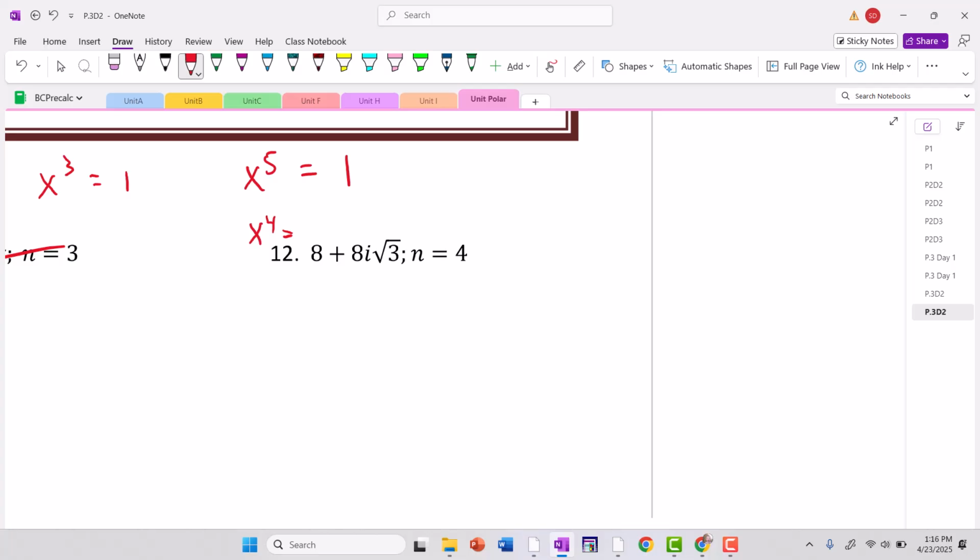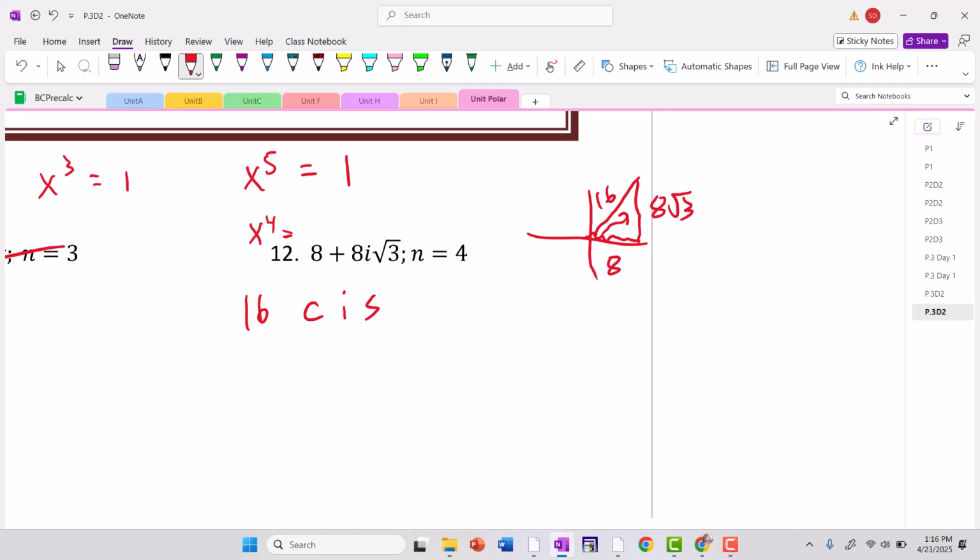So here's the first thing. I've got to draw this and turn this into a cis number. 8 root 3, 2 times 8, so I have 16 cis. And what's this angle measure? What's opposite 8 root 3?